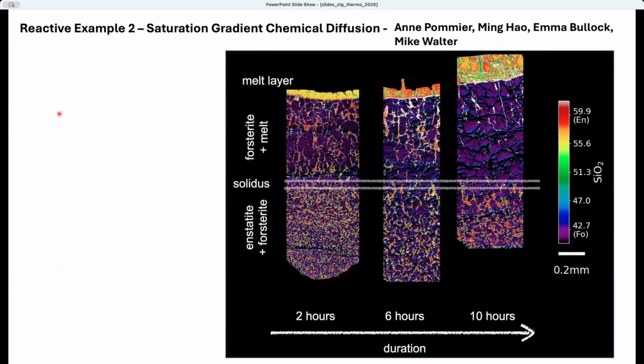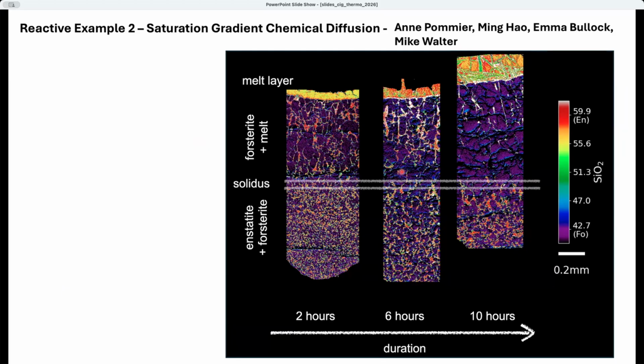So I'd like to move on to a sort of simple example where we do get to use FEniCS and solve some partial differential equations, with the example of saturation gradient chemical diffusion. In this case, we have some experimental constraints, which were run by Ming Hao and Anne Pommier. Saturation gradient chemical diffusion is a process that happens in experiments, and it's often seen as a problem in experiments because it causes partially molten samples to segregate at high pressures.